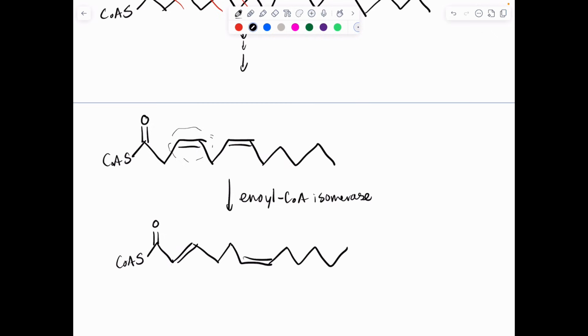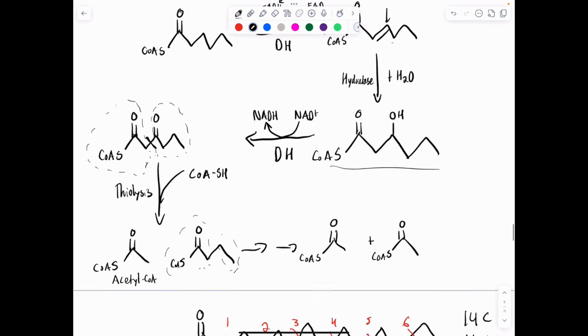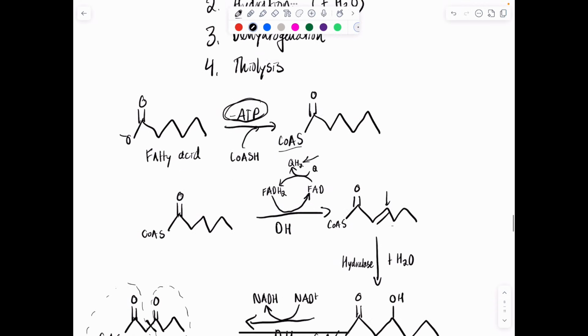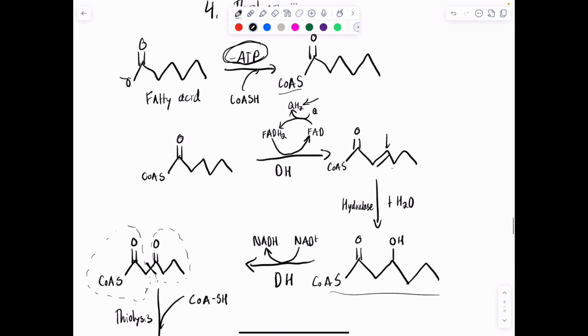So it will isomerize it into this form. And if you specifically look at where I'm circling right here, it looks very similar to the stage after the first dehydrogenation step in beta oxidation. You have a trans double bond and some saturated regions after it.